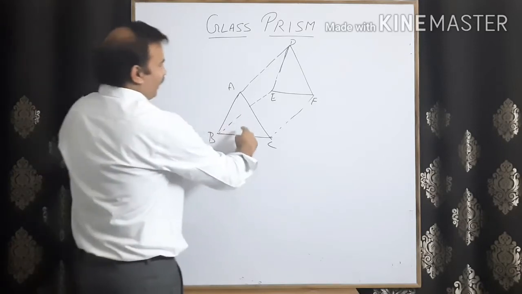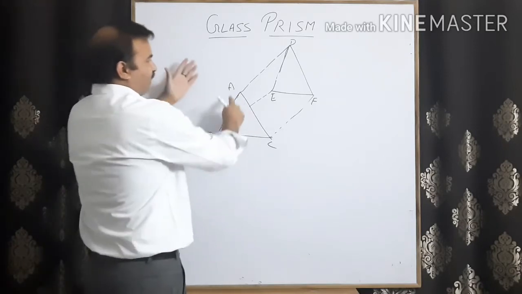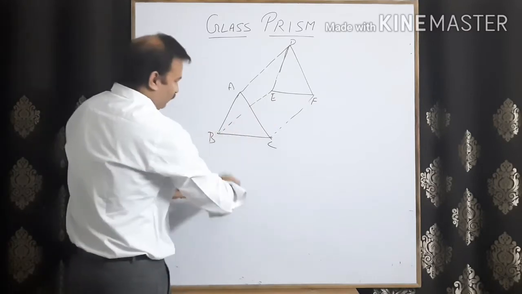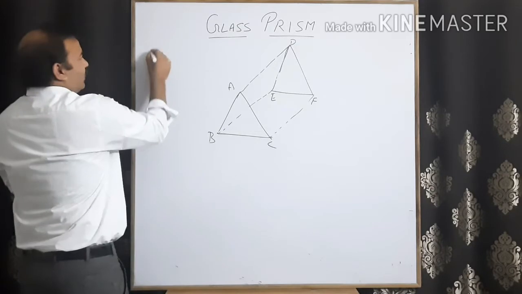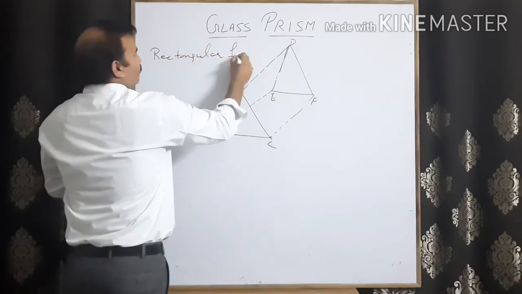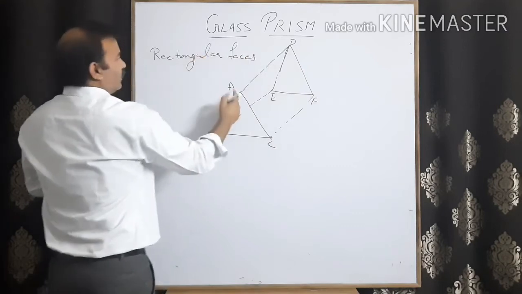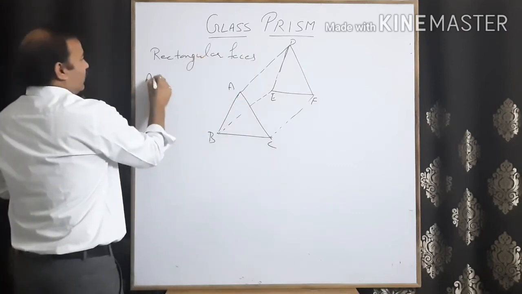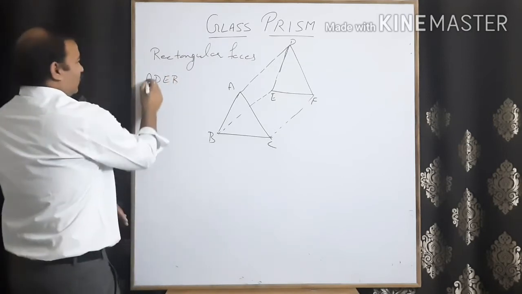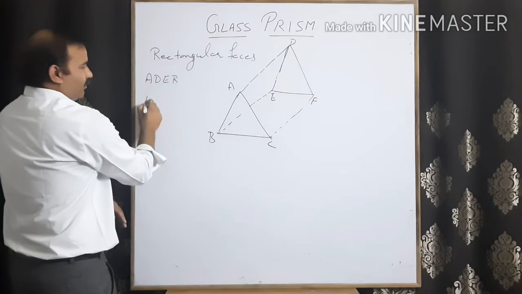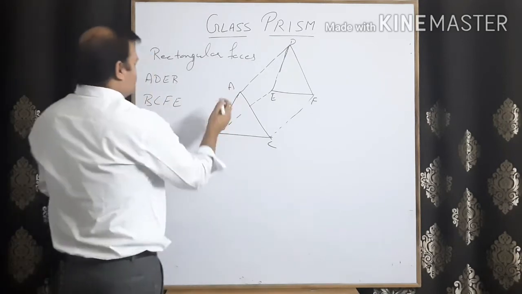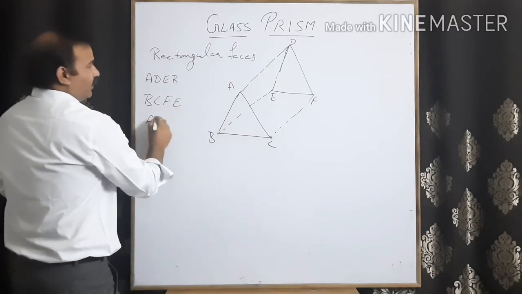One rectangular face is at the left side, that is ADEB. The other rectangular face is the bottom. I'll write here rectangular faces: ADEB on the left side, on the bottom this will be BCFE, and on the right side this will be ADFC.